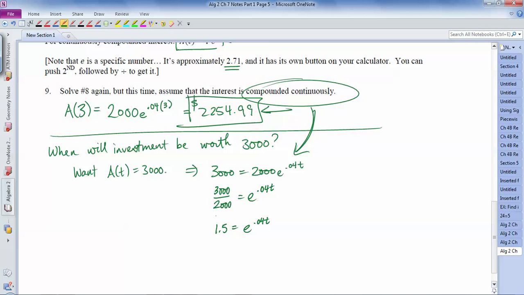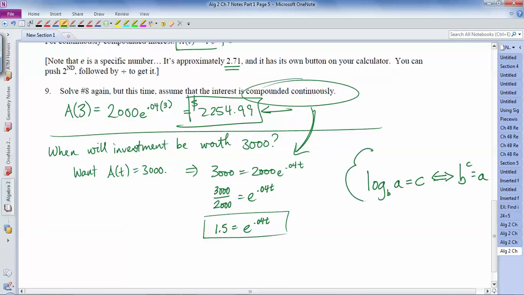Now we've got to figure out what this thing is. So remember that change formula from log to exponential form. Let me write that out for you. Log base b of a equals c means the same exact thing as b to the c equals a. Remember, these two things are equivalent. If you know one, you know the other.